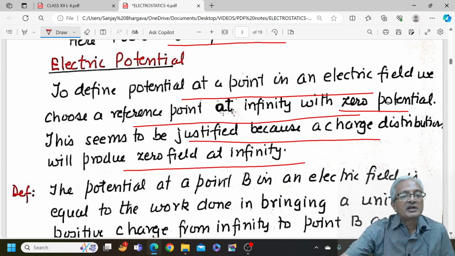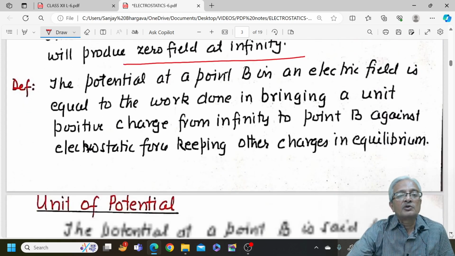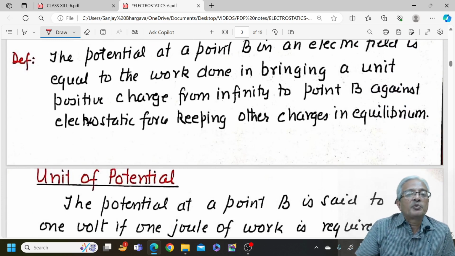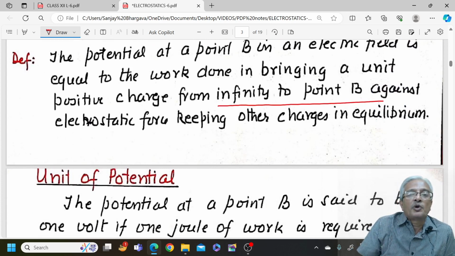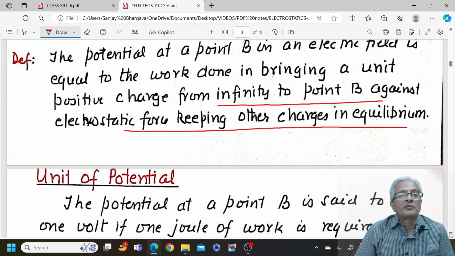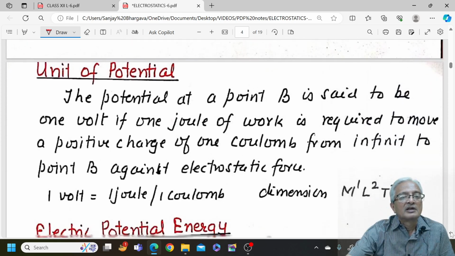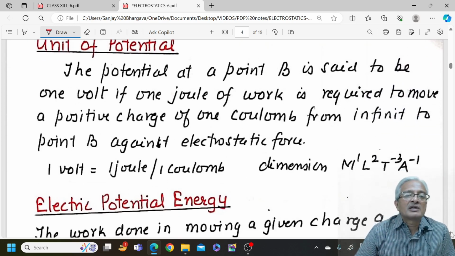Now what is the definition? The potential at point B in an electric field is equal to the work done in bringing a unit positive charge from infinity to point B against electrostatic force, keeping the other charges in equilibrium. So earlier it was work done in moving a unit positive charge from point A to B. Now it is infinity to point B. Now what is the unit of potential? It has the same unit as that of potential difference. The unit of potential is once again volt.